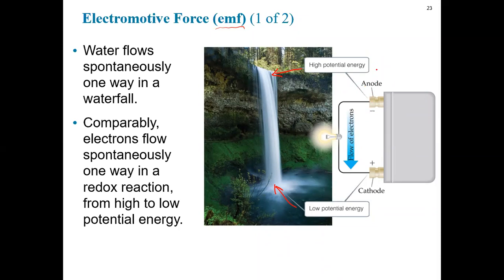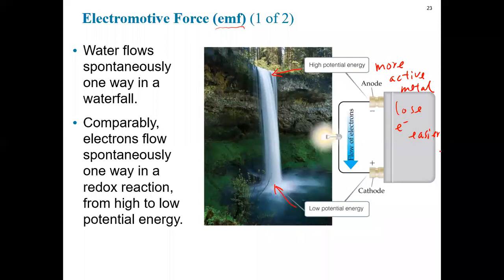On the anode, you will have more active metals. When the metals are more negative, they lose electrons more easily. That's the driving force, that's the potential.